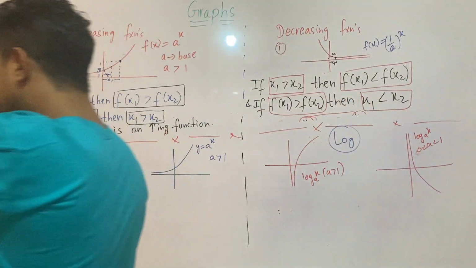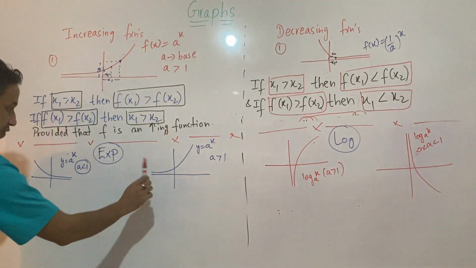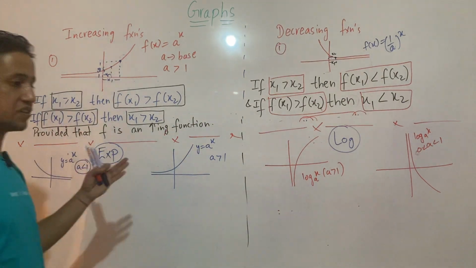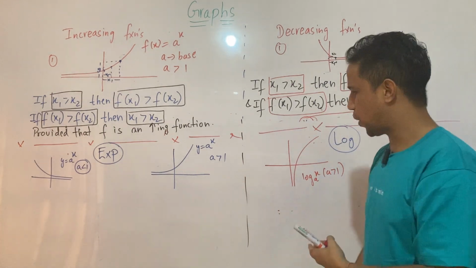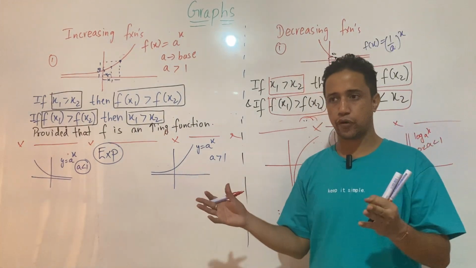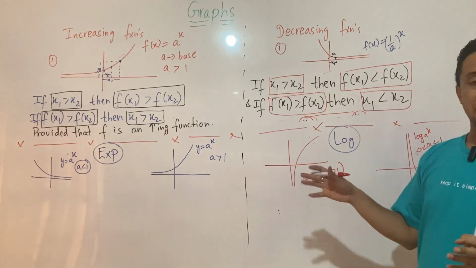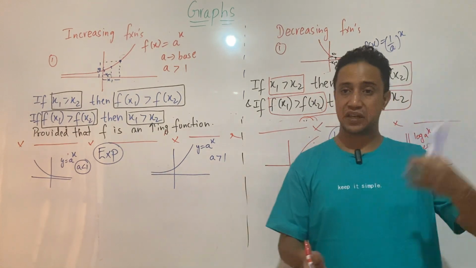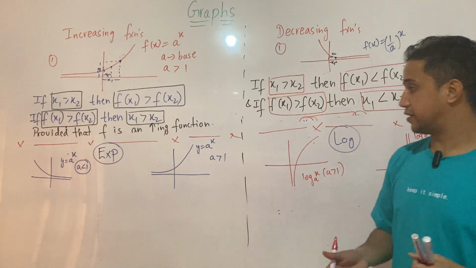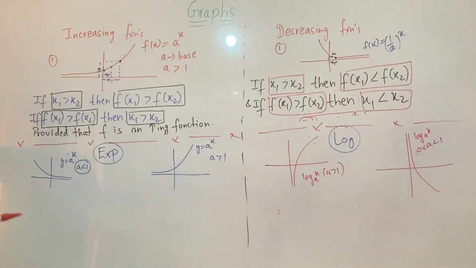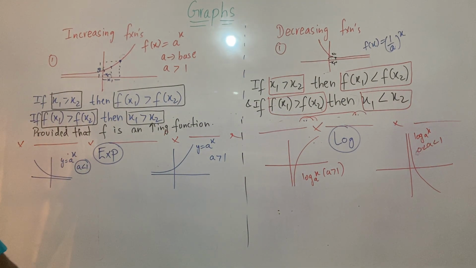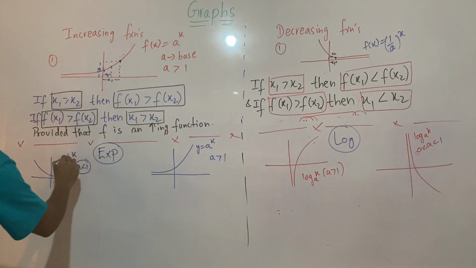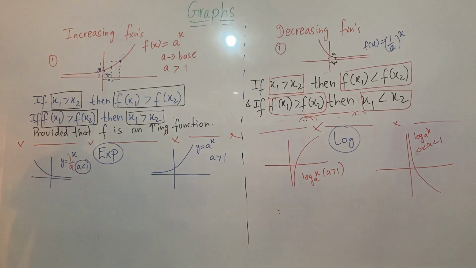Now, we didn't discuss the domain in the last video when we did the graphs for these logarithmic functions. I decided to do it, but then somehow it went out of my mind. So these are exponential functions, and this one is going to be 1 by a raised to x.